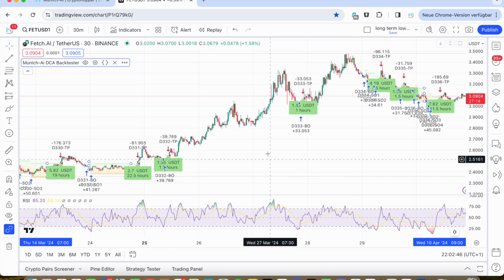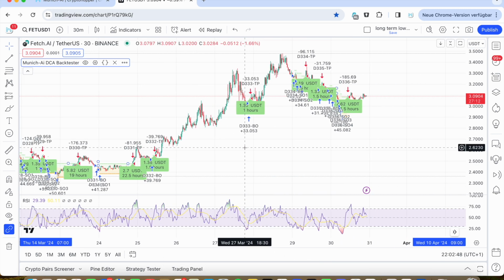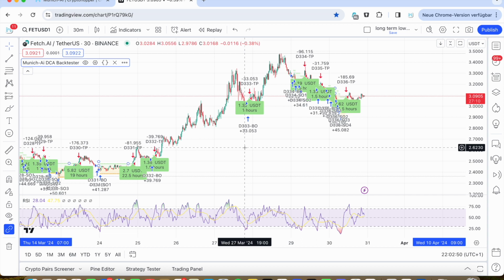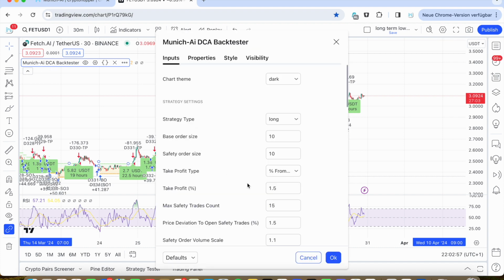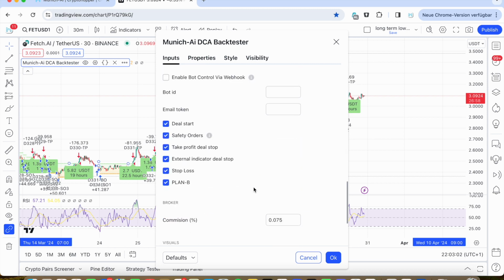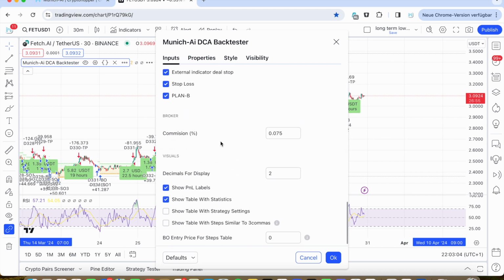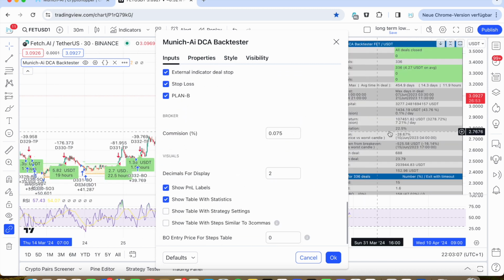And if you want to use this strategy, I would not use 100% reinvest, because this covers a deviation with 15 trades count, I think about 22 price deviation. Let's check, which is quite safe because we don't need that much.